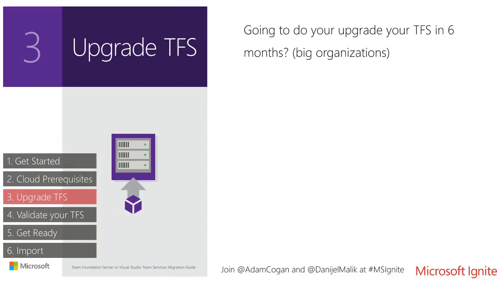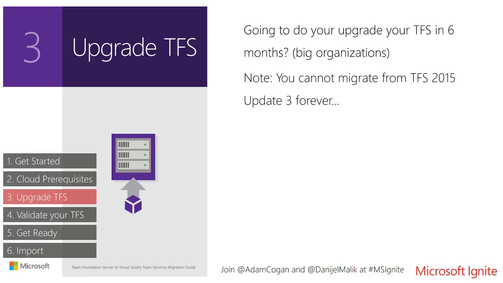If you're somebody who is looking at this, they're not going to do it straight away, you need to think about when you're going to do it, because the cloud is a moving beast and it's changing. Microsoft have said you're not going to be able to convert from TFS 2015 Update 3 forever, because we're moving along on the train.